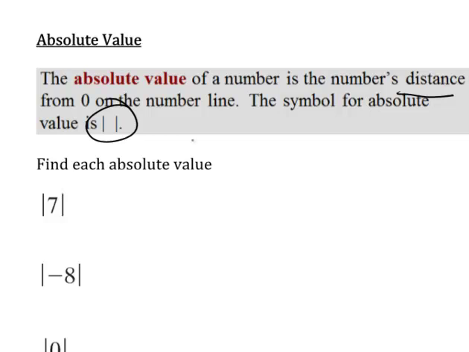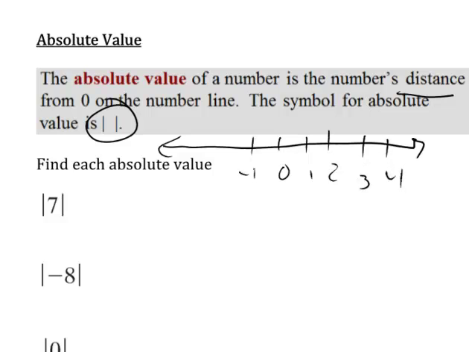So I want to point something out here. I'm going to draw a number line sort of right here. And forgive my crude drawing, but here's 0, say 1, 2, 3, 4, right? And negative 1, negative 2, negative 3, and negative 4, okay? And I'm going to kind of extend that a little bit over here too. So I know somewhere over here would be the number 7.